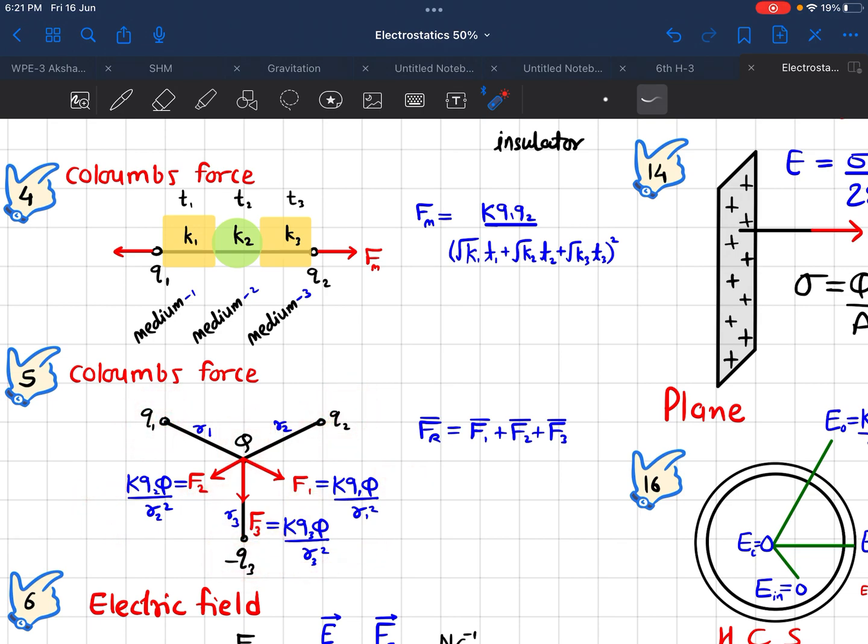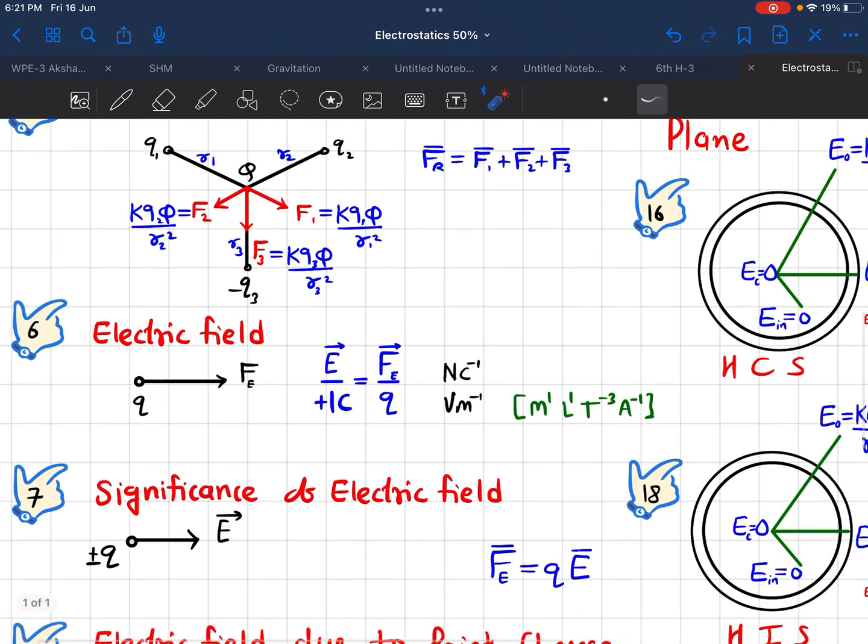Now, if we add all these forces vectorially, then we will have the resultant force vector F1 plus vector F2 plus vector F3 equal to resultant force vector F R.